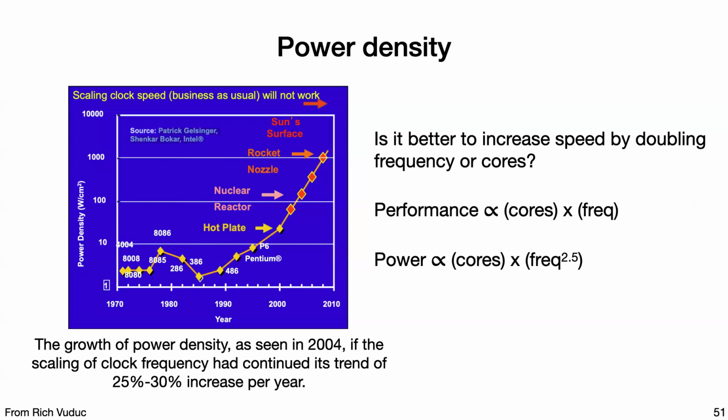Originally people were increasing the frequency, by increasing the density of the semiconductors. Once the frequency became too high, they started increasing the cores.